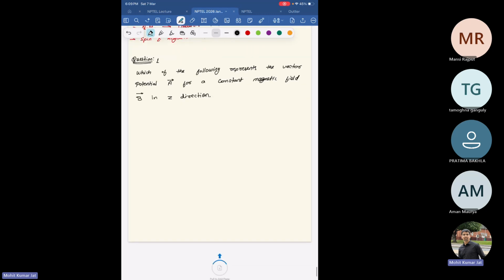So the question is essentially saying, okay, let me give you the four options also. The options are: 1 by 2 (bx x cap plus by y cap). Second option is 1 by 2 (minus bx x cap plus by y cap).